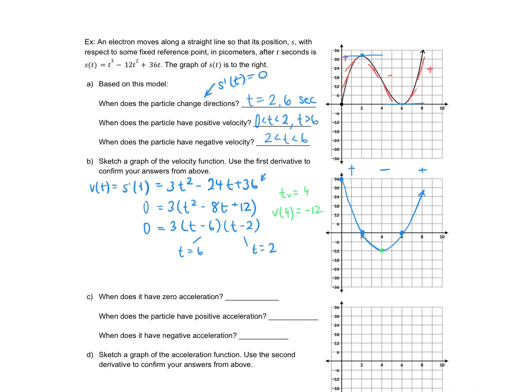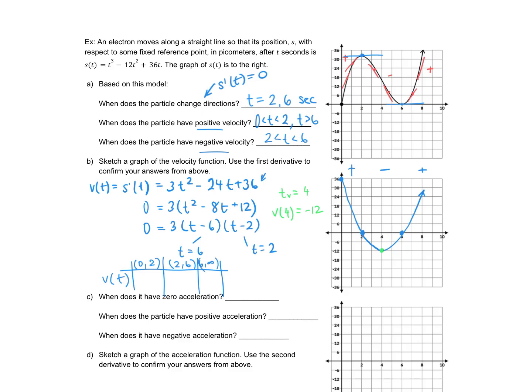Now, there is one more thing I can verify algebraically, and it's those positive and negative velocities. And I can just do a sign analysis. So I'm going to put velocity, and I'm going to create one of those number line charts. So I'm going to go from 0 to 2, because that's when we change direction, from 2 to 6, another direction change, and from 6 onwards to infinity.